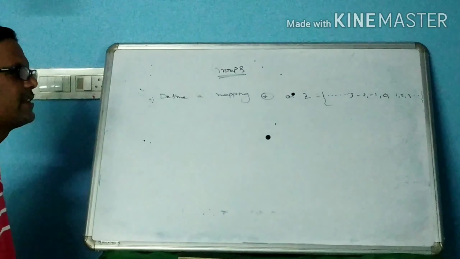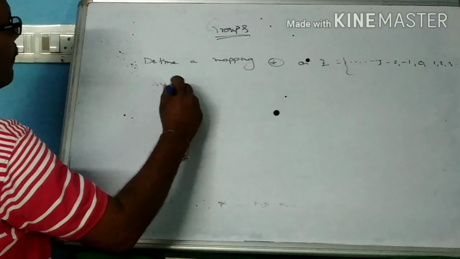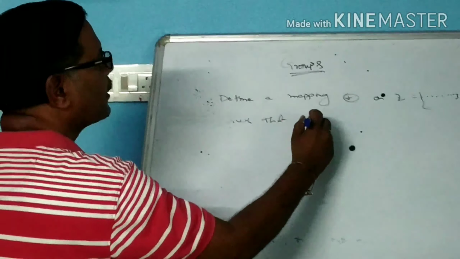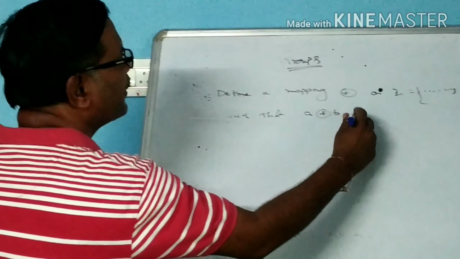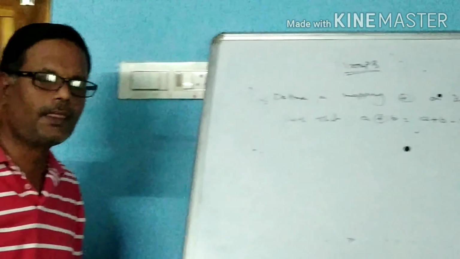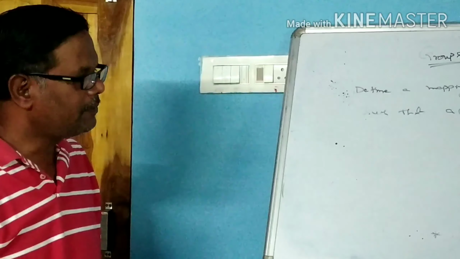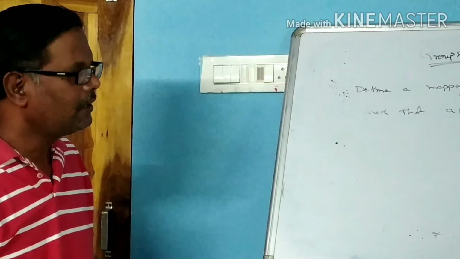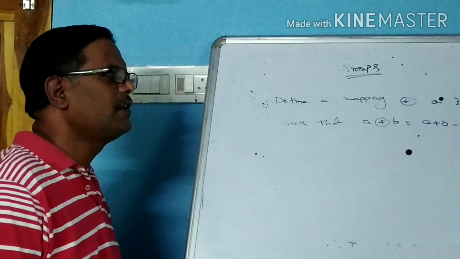Define a mapping circle under plus on Z such that a circle under plus b is equal to a plus b minus ab. Now we shall discuss whether circle under plus is a binary operation on Z or not.